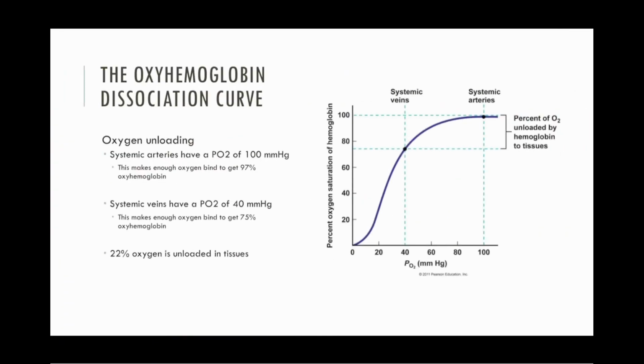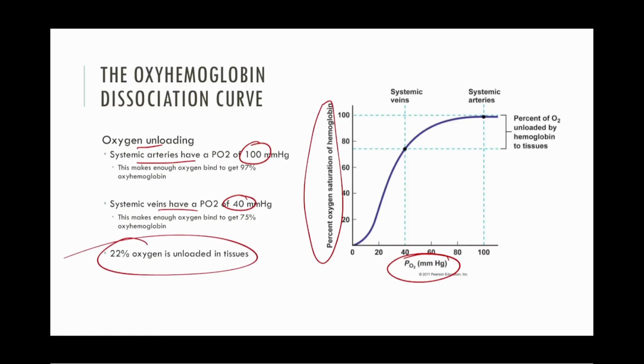So we have to look at this oxygen hemoglobin dissociation curve. What percent on the Y is bound, and then looking at over your PO2 levels on the x-axis. So you get this nice little curve here. We unload at the arteries, and the veins have a PO2 of about 40.